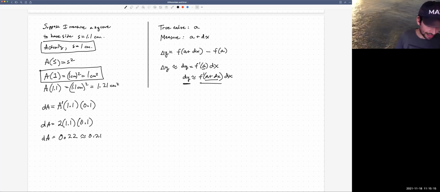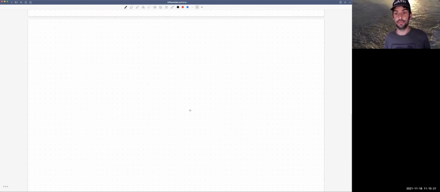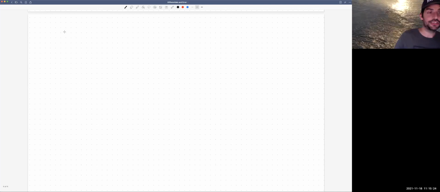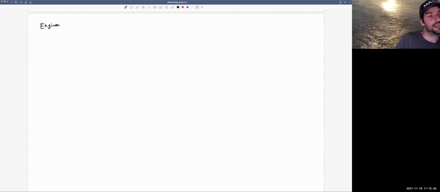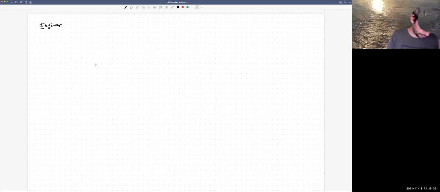Let's do an example that's a little bit more realistic now that we have put the pieces in place. Let's just say that an engineer has built some kind of dome, maybe some kind of sports dome or something like that.